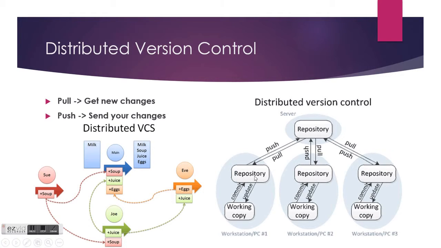So I pull the information from that repository to my own repository. Then I modify any file that I want to modify. I commit that change to my repository, and then I push my repository to the central repository.